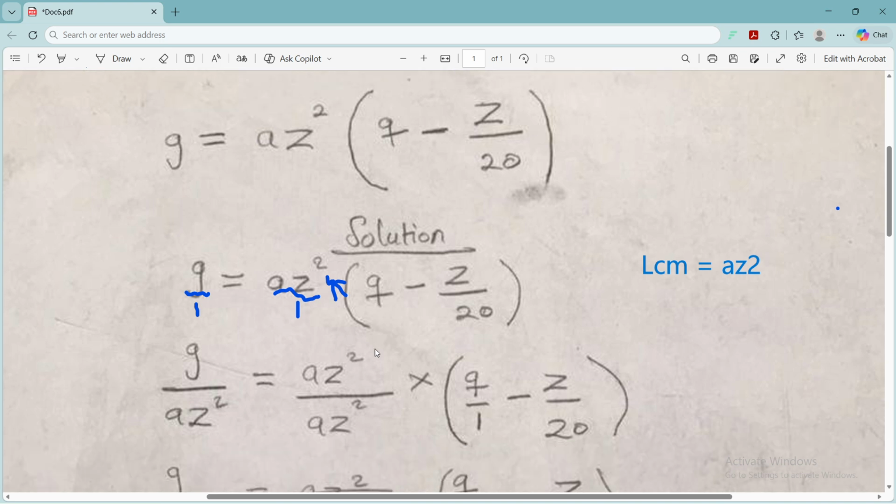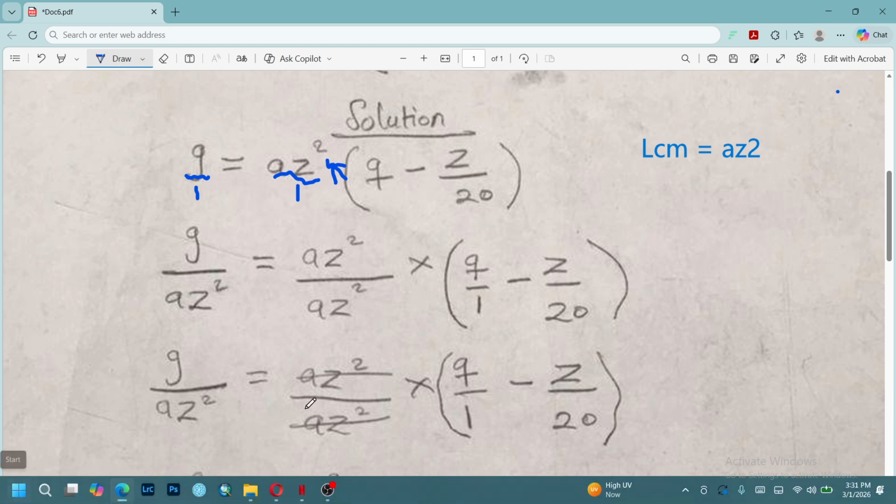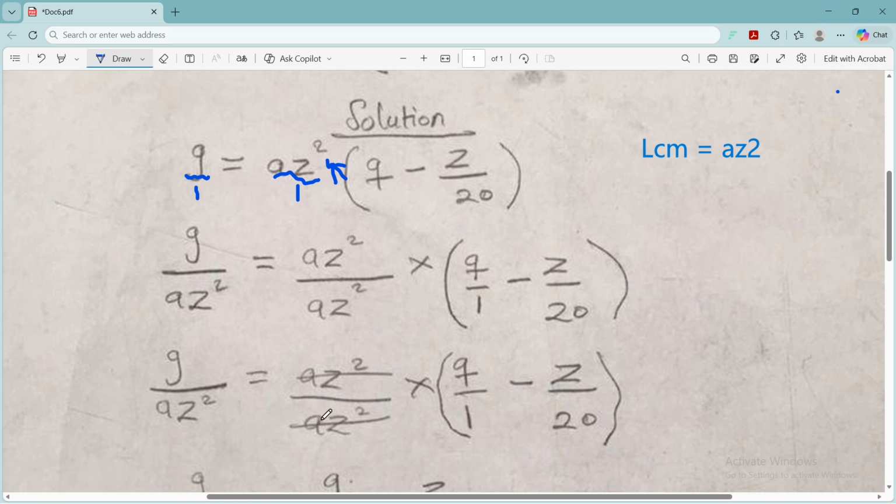So we have to do some cancellations. Az square will cancel itself here, and az square will cancel itself here, leaving our fraction j divided by az square equals, in brackets, the fraction q divided by 1 minus z divided by 20.